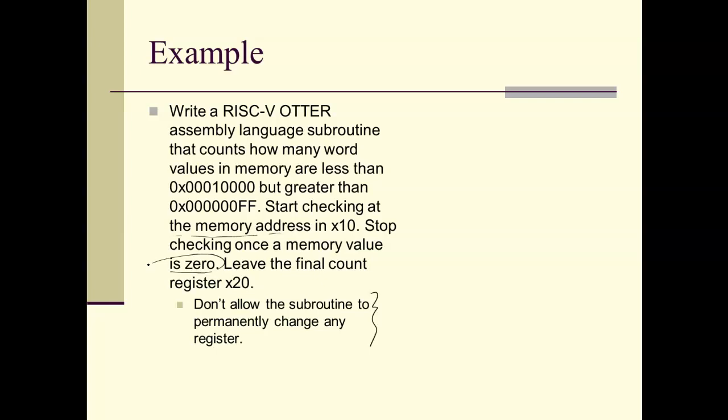Okay, so this is going to be an interesting flowchart. I think I have to check 3 conditions. One, check to see if it's 0, and then quit. Then I have to check to see if it's less than this number, and if it is, ensure it's greater than that number.